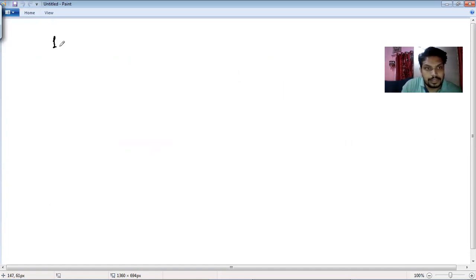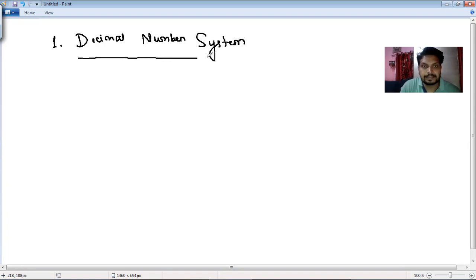Number 1, decimal number system. First point, here the base is equal to 10. Why?